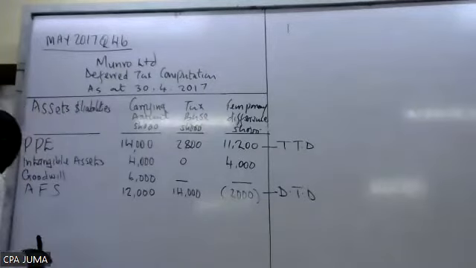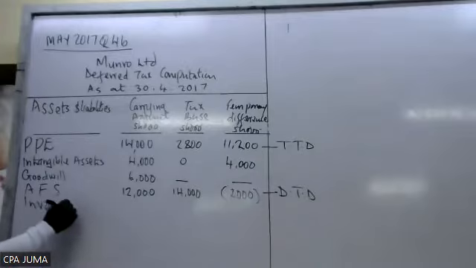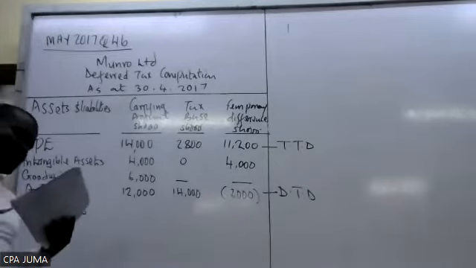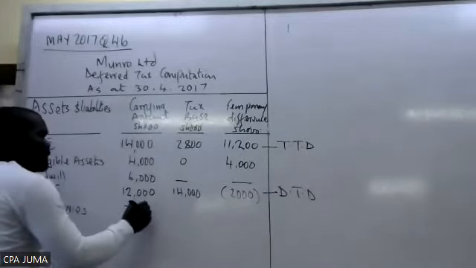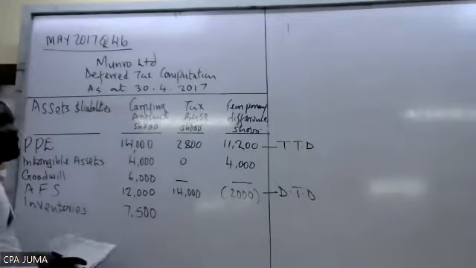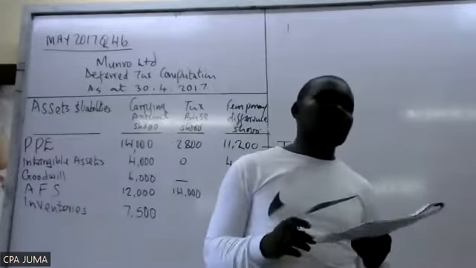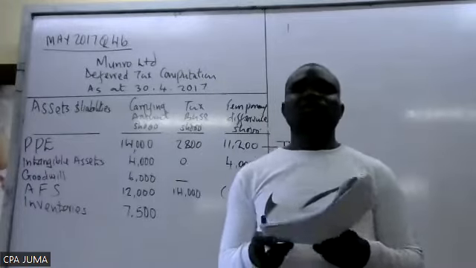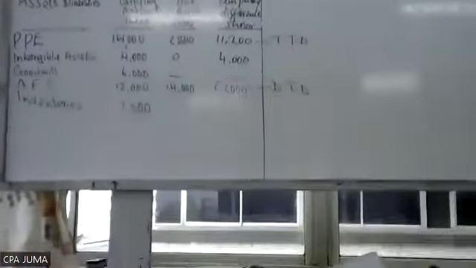Next, inventories. Inventories, 75. Was it mentioned? Note number 2. Check note 2, additional information number 2.